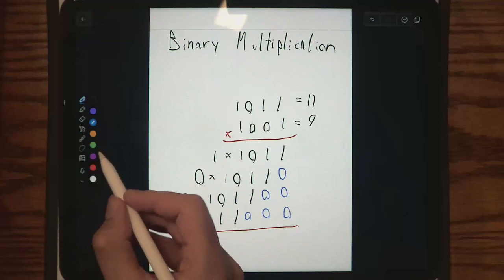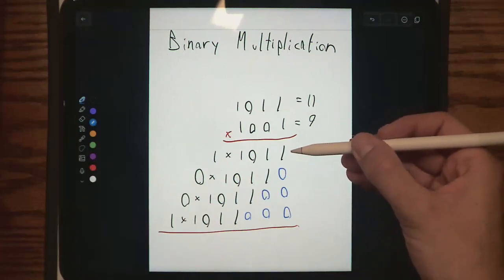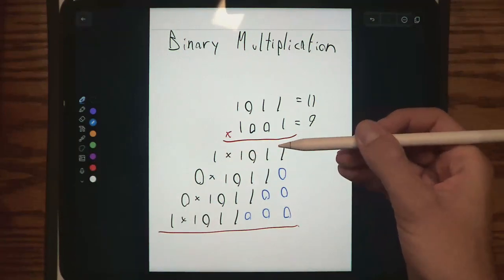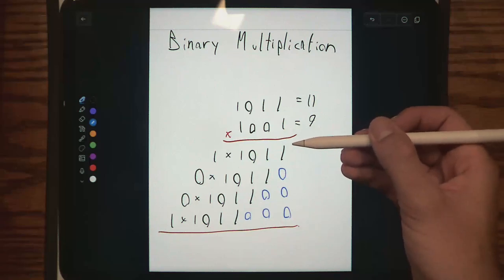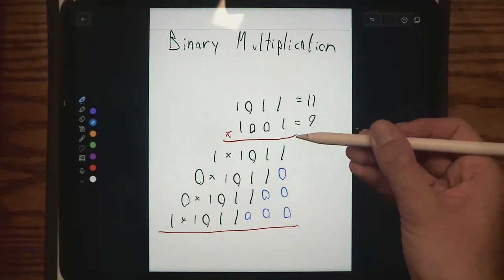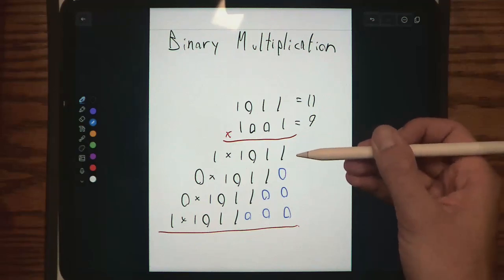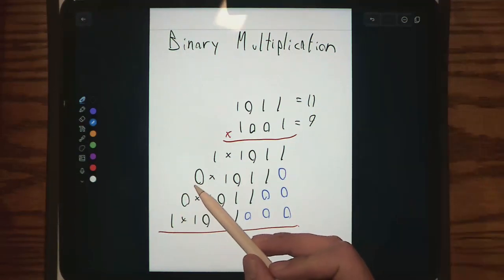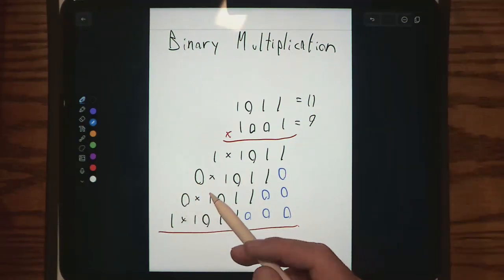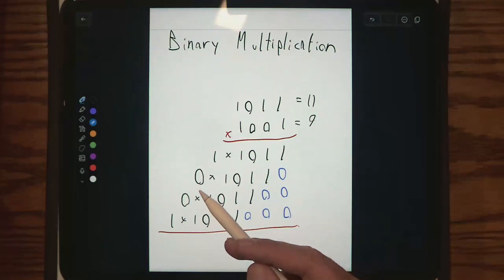So we have 1 times 1, 0, 1, 1. Okay, good. And directly below that, do we add these two numbers together? No, because we have this 0 here. This 0 kind of tells you whether we add it or not.